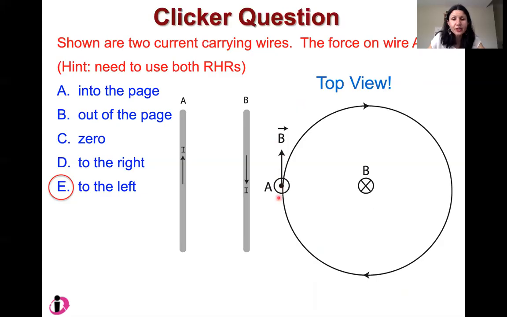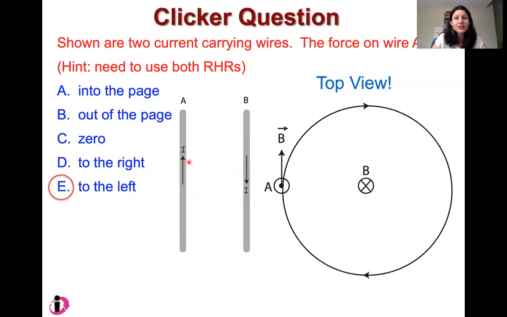Now, the charges in current A are coming out of the board, so now I'm using my second right-hand rule. With the charges out of the board and my fingers pointing up in the direction of B, my palm is pushing to the left. So that's how we get that answer, which is to the left. Again, current is positive charge, so we don't need to worry about flipping the sign. Just using the right-hand rule and getting that answer is enough.